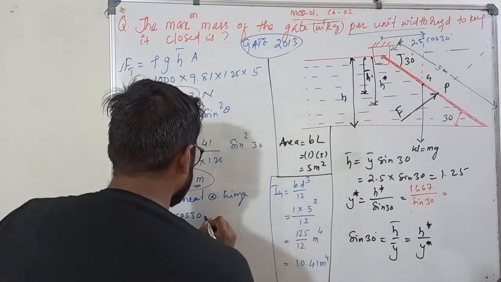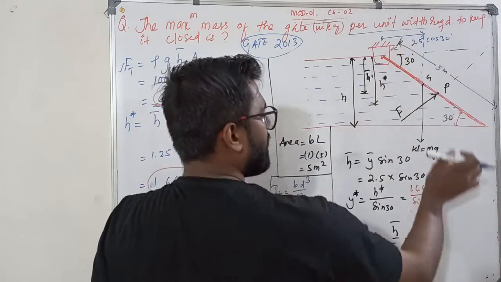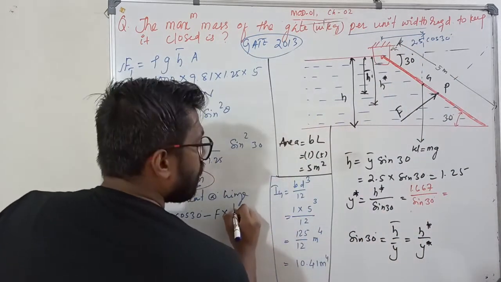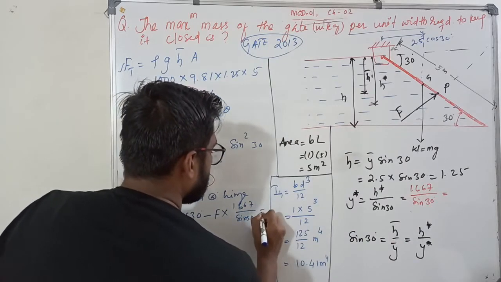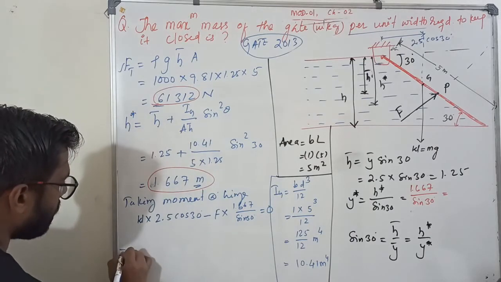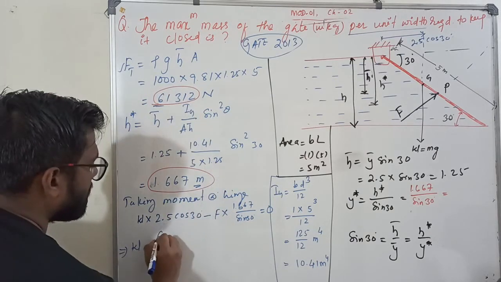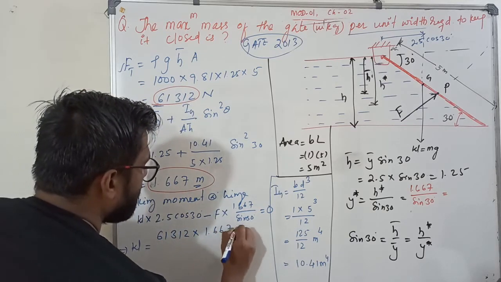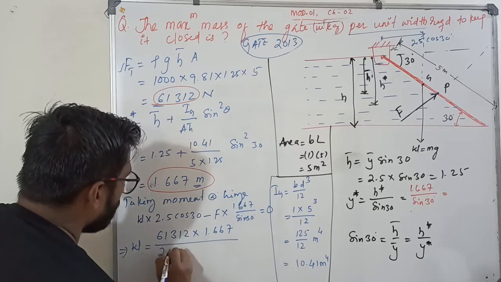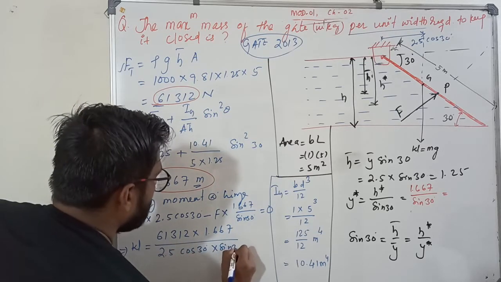So minus F multiplied by this distance, Y star. Y star is 1.667 by sin theta. Sin 30 is equal to 0.5. So this implies W is equal to F, 61312 multiplied by 1.667 divided by 2.5 cos 30 into sin 30.